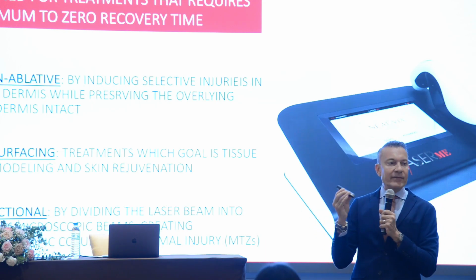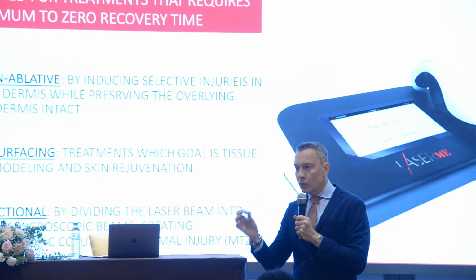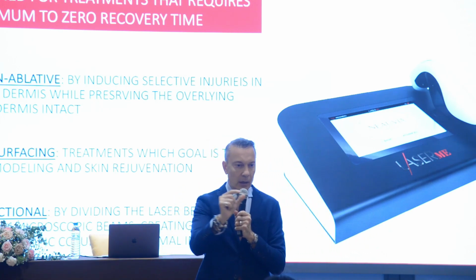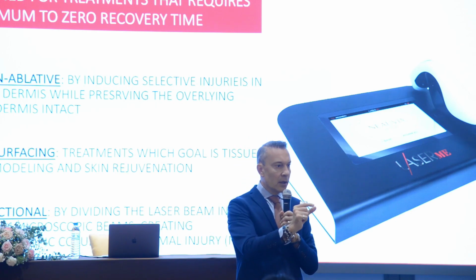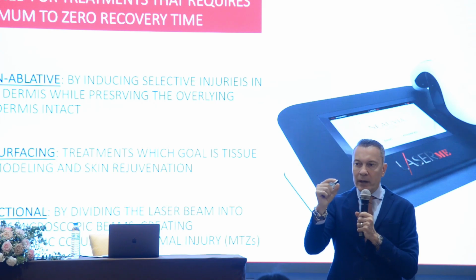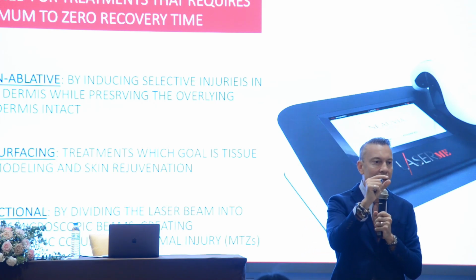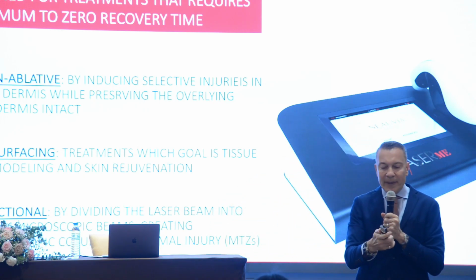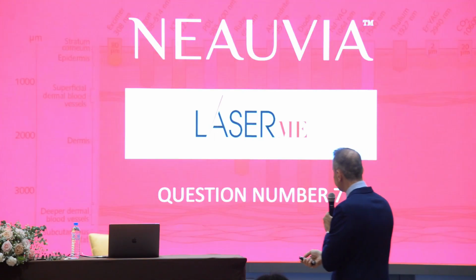Non-ablative: we have some lasers like CO2 or Erbium that are ablative, so we are removing part of the tissue. This laser beam is non-ablative, so we are not removing any layer of the tissue.